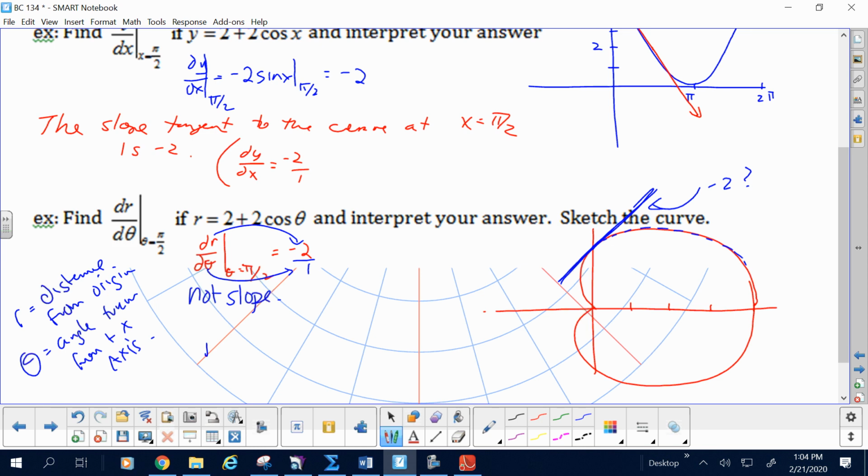You would say at theta equal pi over 2, the distance from the origin is decreasing. Sometimes they phrase it as a particle on the curve, in which case you'd say the particle is moving toward the origin.